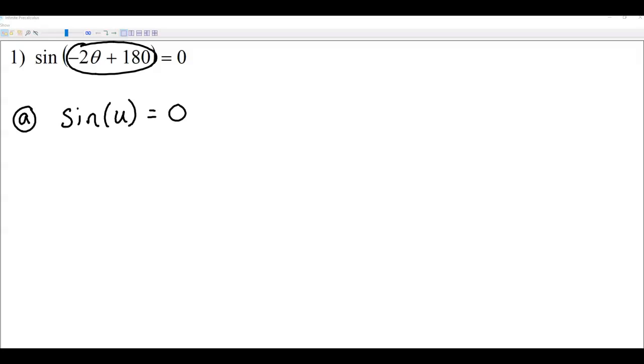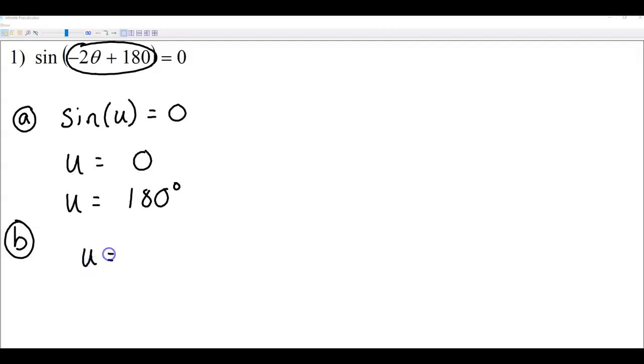Now, sine of u equals 0 at 2 places, at 0 degrees and also at 180 degrees. Okay? Now, step B. Step B says let's write these as a general solution. So we don't want to leave them as a particular solution there.